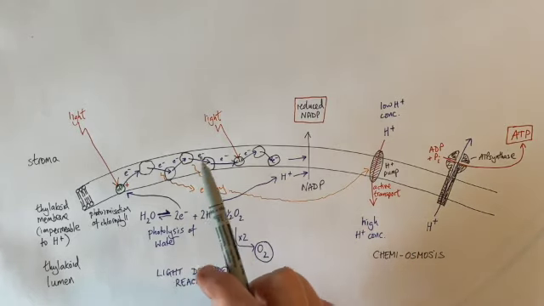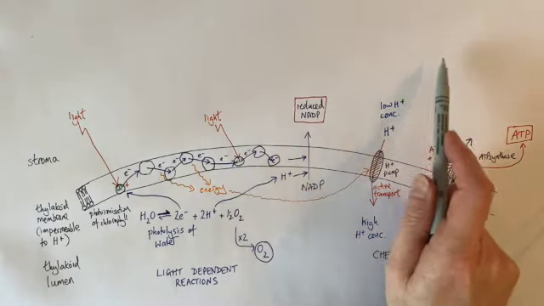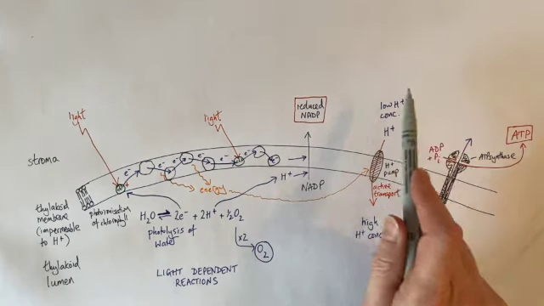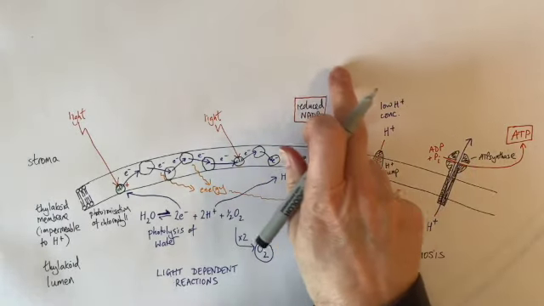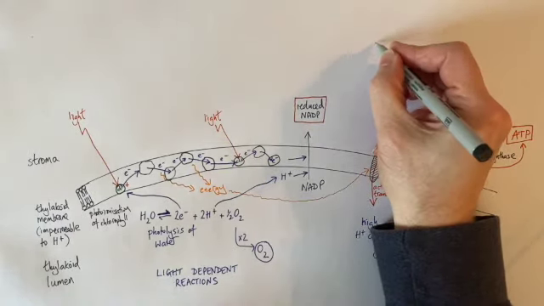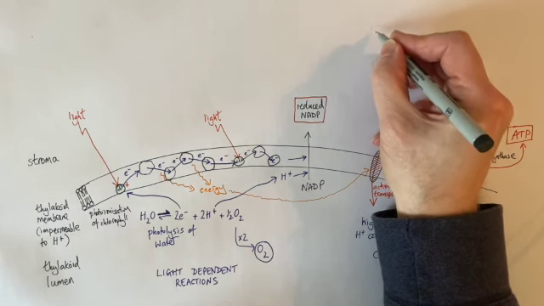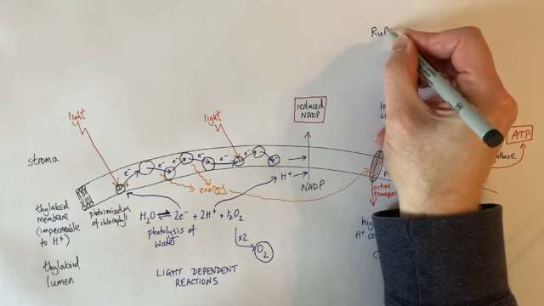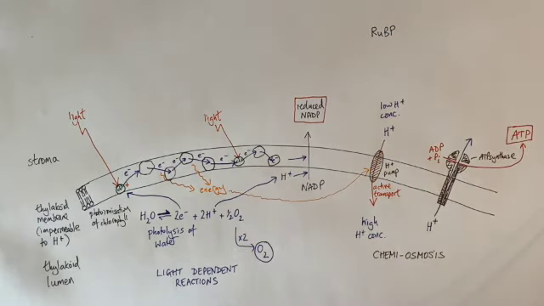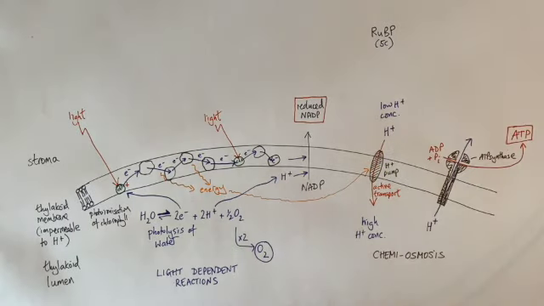It's a cycle of events, but I'm going to squish it down along here because it doesn't really matter. Remember, this is a stroma, so all these molecules are floating around, bumping into each other, reacting and so on. So what we have in the stroma is a substance called RuBP, ribulose bisphosphate. That's got 5 carbon atoms in it.